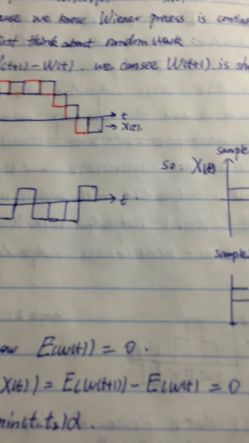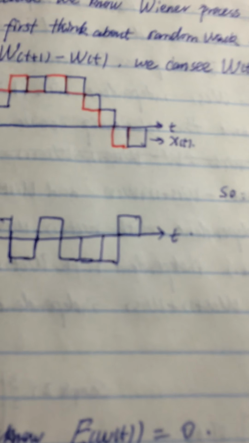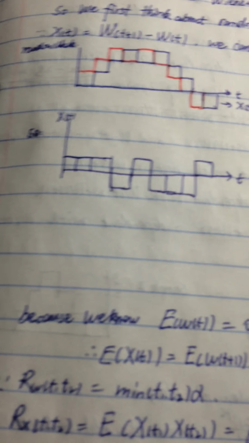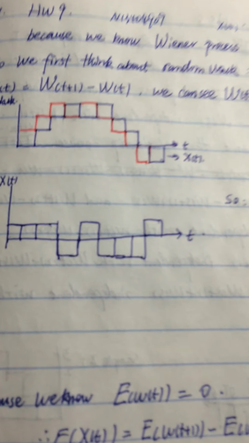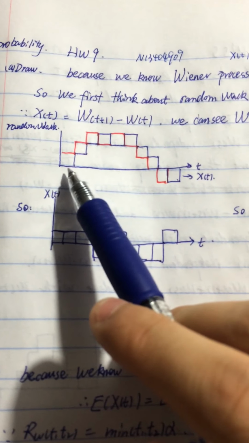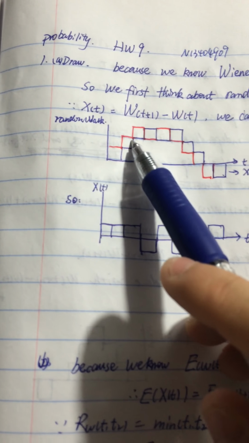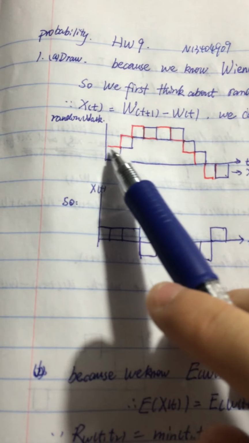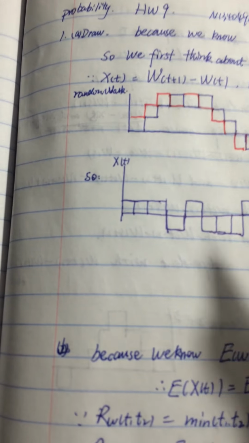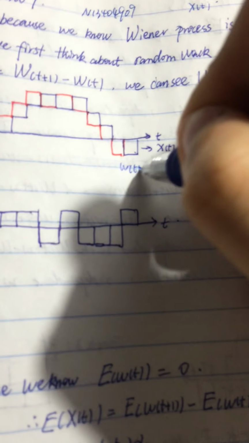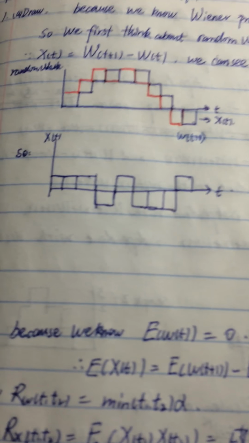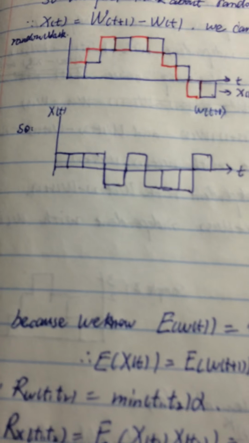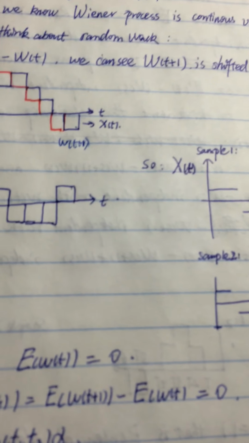It is just a random walk, but the Wiener process is the continuous version of a random walk. But that doesn't matter. We can first just think about the random walk. The red line is W_{t+1}, because it is just shifted by one.